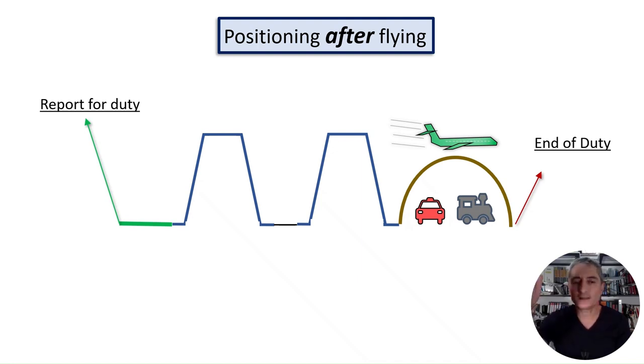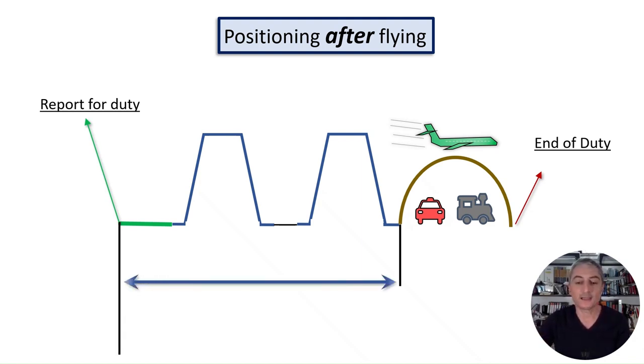So when the aircraft lands, when the train arrives, when the car stops you back at your base, that is the end of duty. And therefore, the flight duty period in this case is from the report for duty until the block on of the last sector. In this case, the positioning after flying doesn't count as a flight duty period. Remember, it counts only when it's before flying.